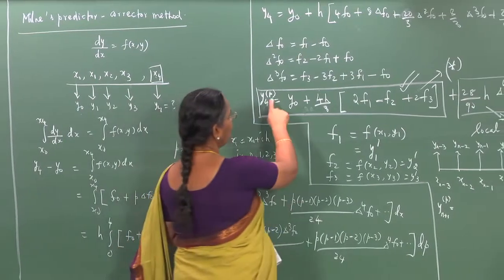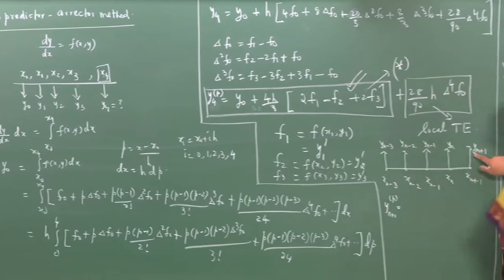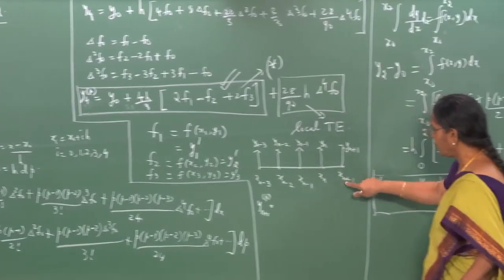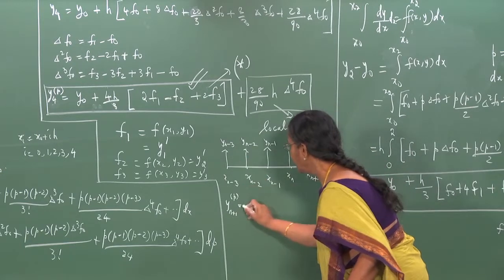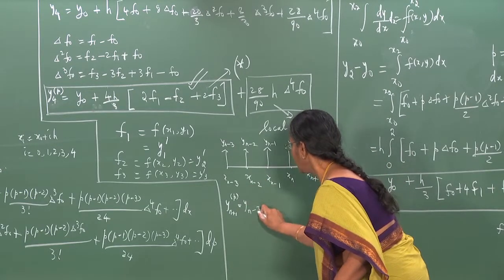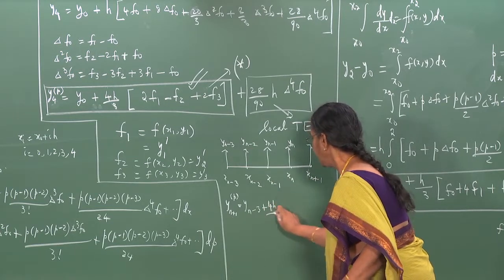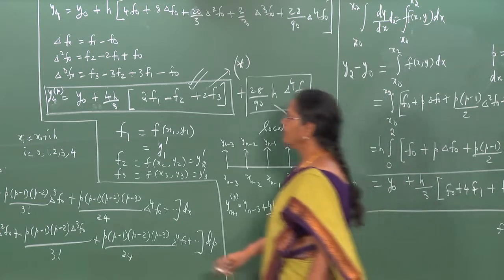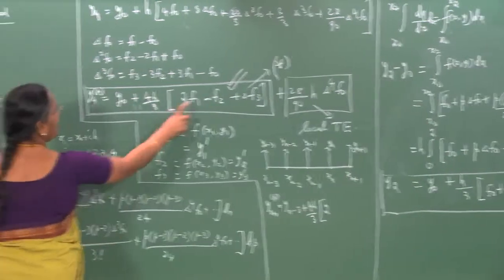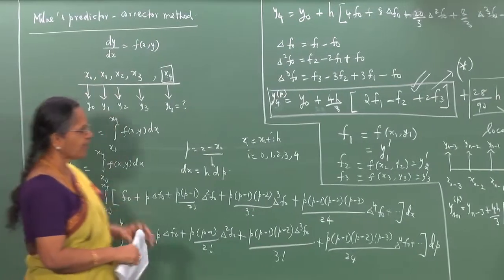So, if I want to put this in general and want the value of yn plus 1 at xn plus 1, then yn plus 1 predicted is yn minus 3 plus 4h by 3 multiplied by twice. What do I have here? f1, that is f at x1 y1.